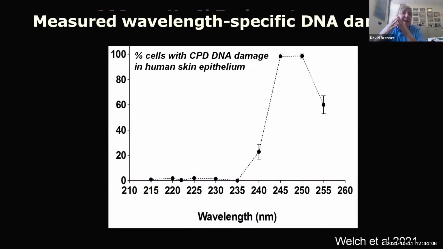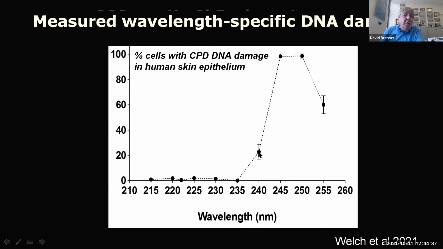And here are the sorts of results that we got. This is in a skin model, looking at the percent of cells with DNA damage as a function of wavelength. What you see is that around the wavelengths where we want to work, at 220 and so on, there is a very low level of DNA damage, if any. None of these are statistically significant compared to 0.